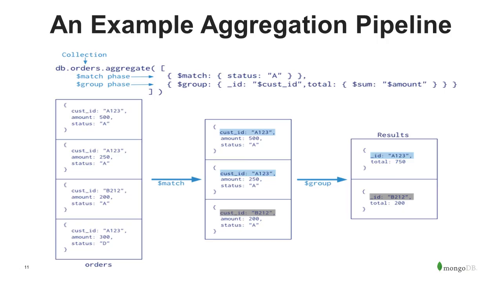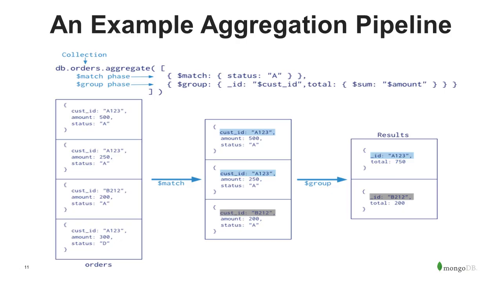We'll get into the details of this syntax a little bit later, but as this example shows, what you really need to focus on is the input and then the output of each stage. So in this case, the $match takes as input the entire orders collection.